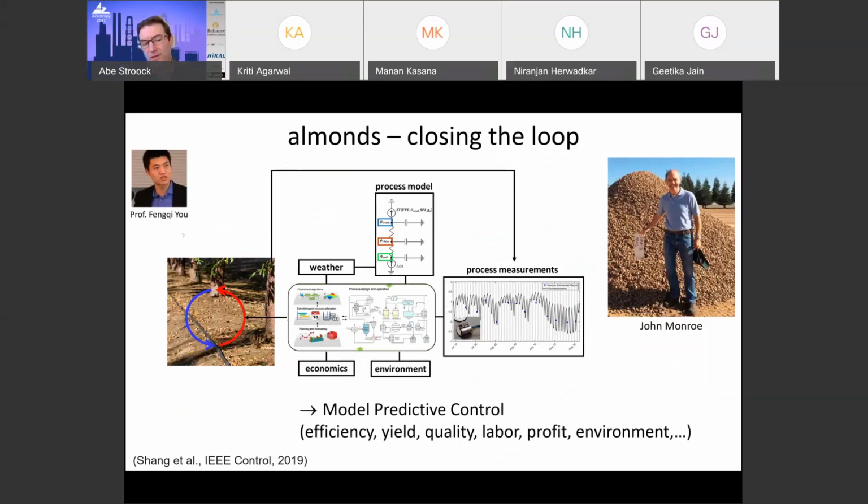Here, teaming up with Funshi Yu, a process systems engineer in my department, to look at things like model predictive control, where we could tell John Monroe, make an optimal decision for today based not just on the past information, but based importantly on weather predictions into the future, economics, environment, and crucially our process model, which I've just given you a sense of how we build.